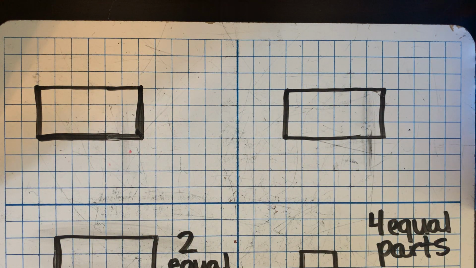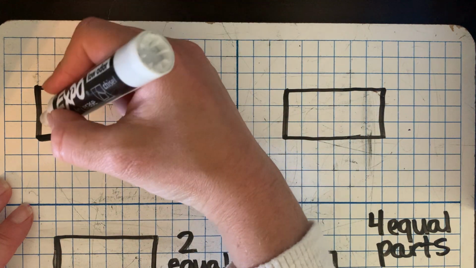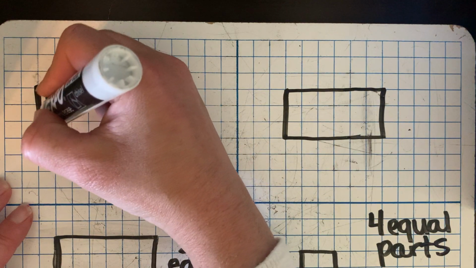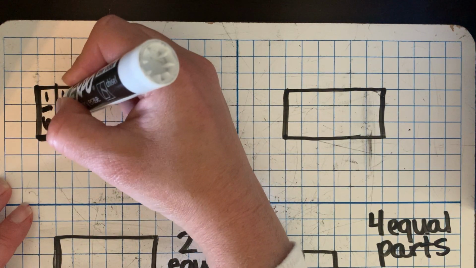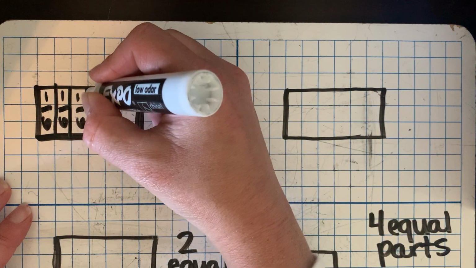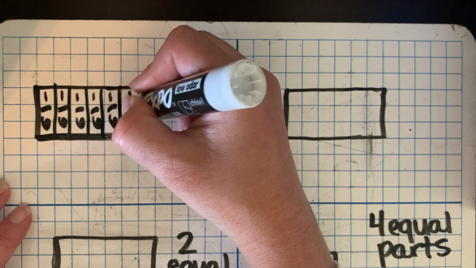First, let me break them up into 6 equal parts over here. So I could do 1/6, another 6, another 6, another 6, another 6, and then another 6.